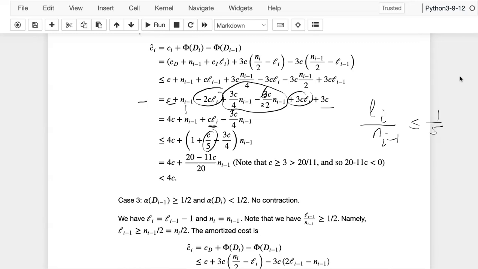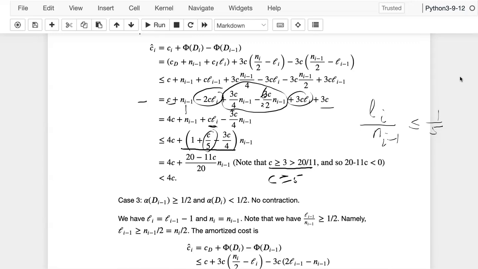So we do this calculation. So you simplify this, so that we get this. We know that this C is actually greater than or equal to 5 in our case.